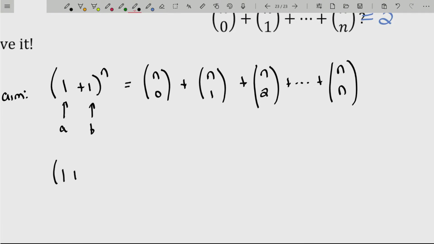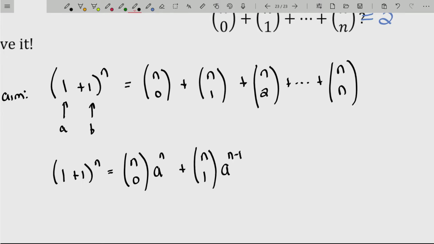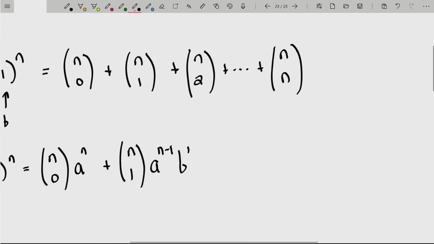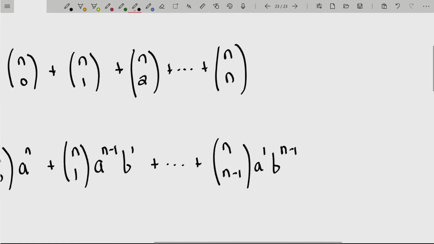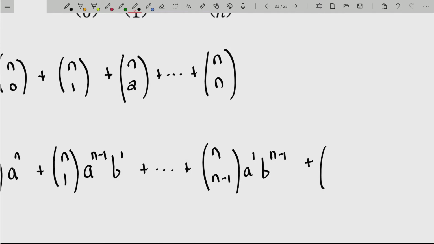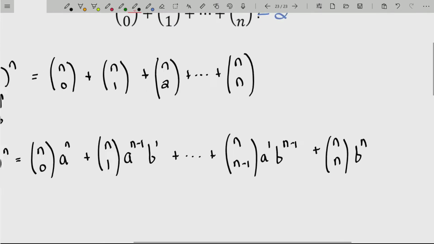Well, then 1 plus 1 to the nth is equal to n choose 0, the 0th term, a to the nth, b to the 0th, plus n choose 1, a to the n minus 1, b to the 1st, plus, and then you can continue down the line until you get to n choose n minus 1, which will be a to the 1st, b to the n minus 1st, and finally, plus n choose n, b to the nth.